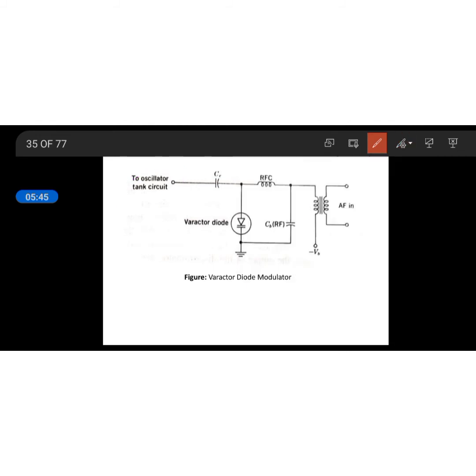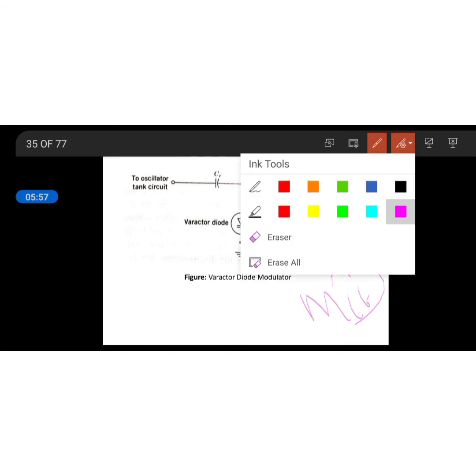This is called a tank circuit. Here we are giving the audio frequency input, that means the message signal, to the transformer. Here there will be a regulated power supply.